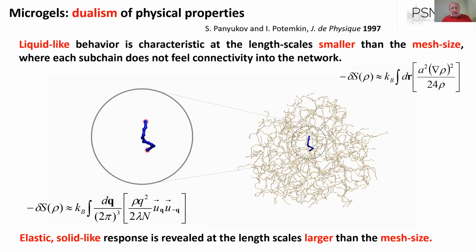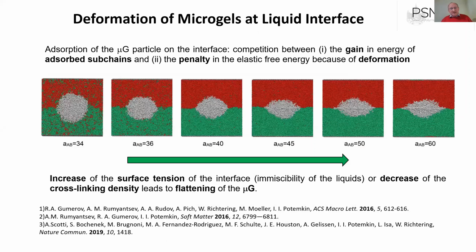If we adsorb such a microgel at the interface, the driving force for the adsorption is the same as in the case of solid particles. The subchains which are adsorbed at the interface just shield unfavorable contacts between different liquids. But in contrast to solid particles, the microgel can be deformed.